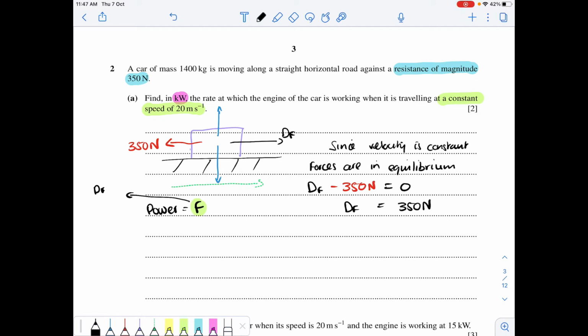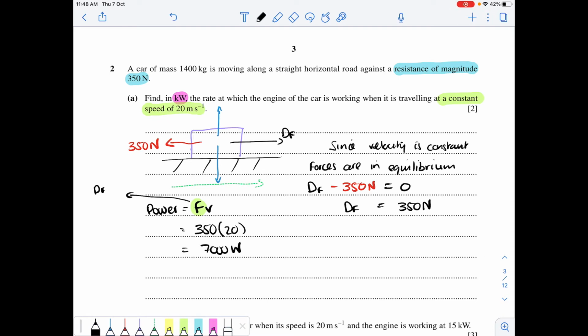This force is specifically the driving force, times velocity. That's instantaneous power, and the velocity in this case is 20 meters per second. So we have a driving force of 350 and a velocity of 20, which gives us 7,000 watts.